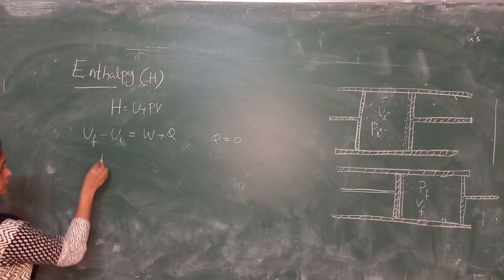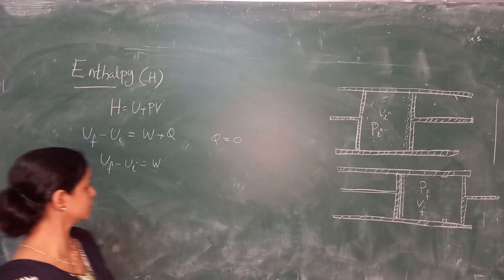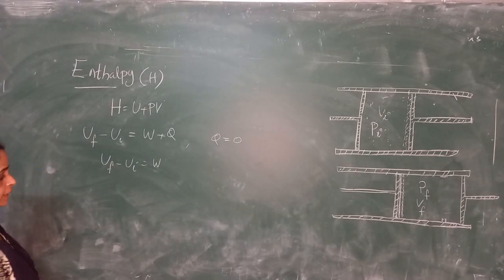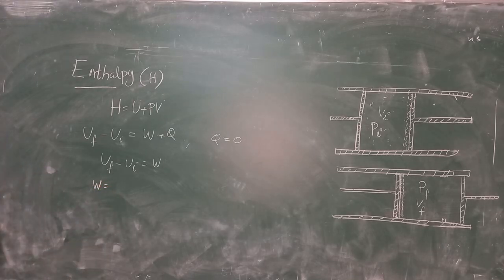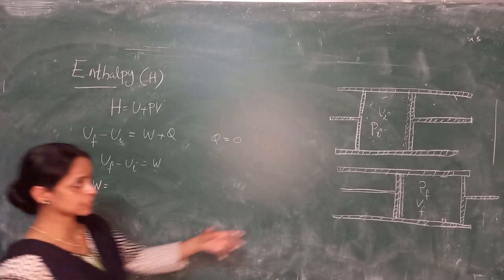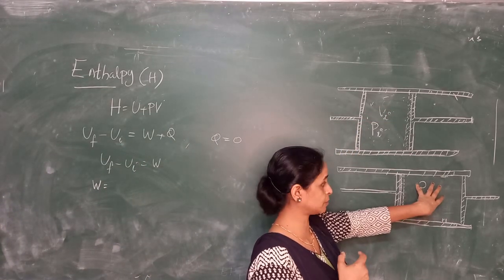So we can write Uf minus Ui equal to W. What is W here? There are two volume changes: one in this chamber and the other in this chamber.